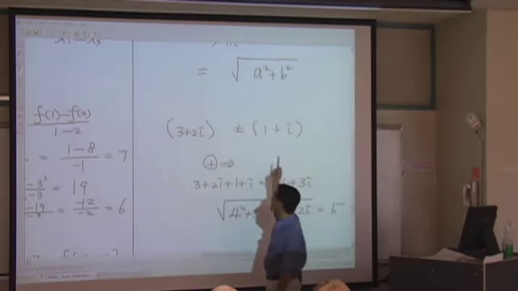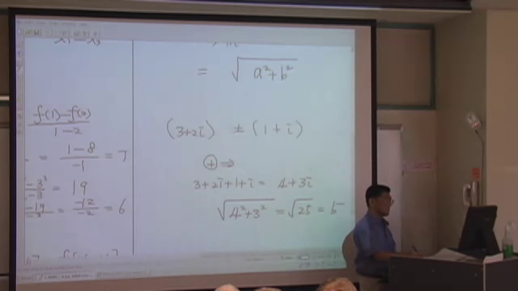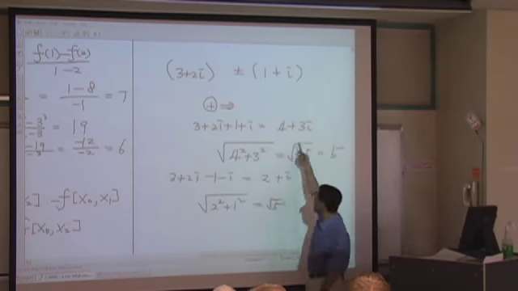So the magnitude of this case is 5. Assume that we use minus here. Then 3 plus 2i minus 1 minus i gives us 2 plus i. Then the magnitude is 2 squared plus 1 squared, square root of 5. Which is bigger? The top one is bigger.